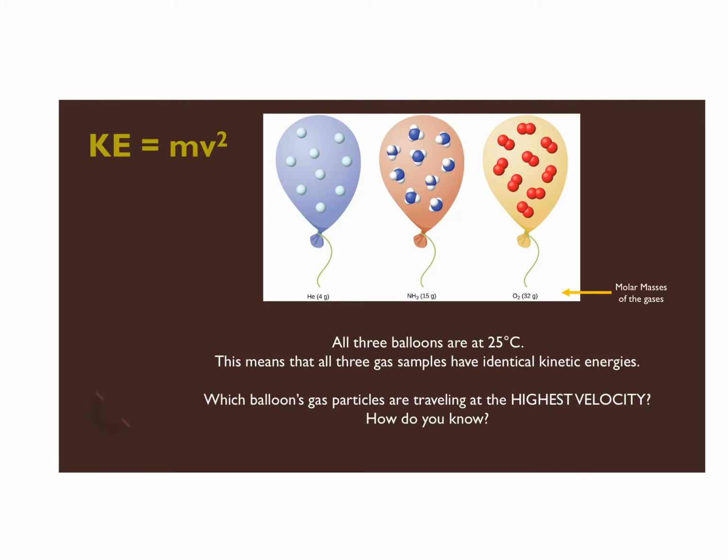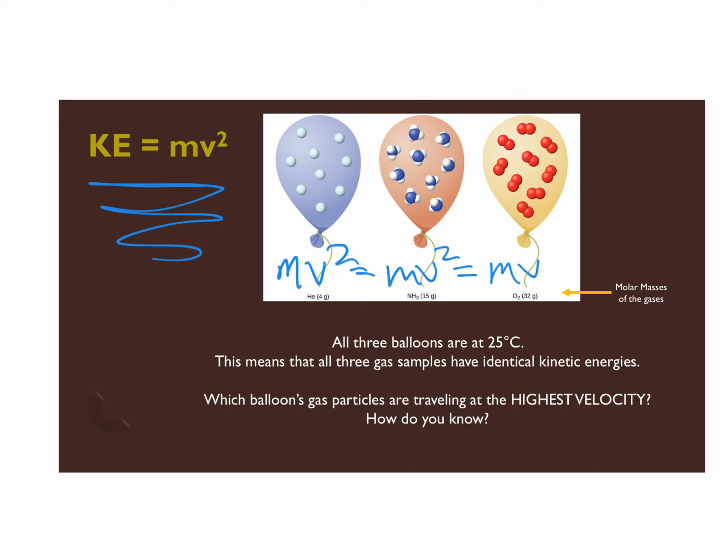Without doing any real math, we can think about this question as well, referencing this equation right here, KE equals 1/2 mv squared. So all of these are going to have the same kinetic energy, so you can essentially think of them that their mv squared is going to equal the mv squared, which is going to equal the mv squared.